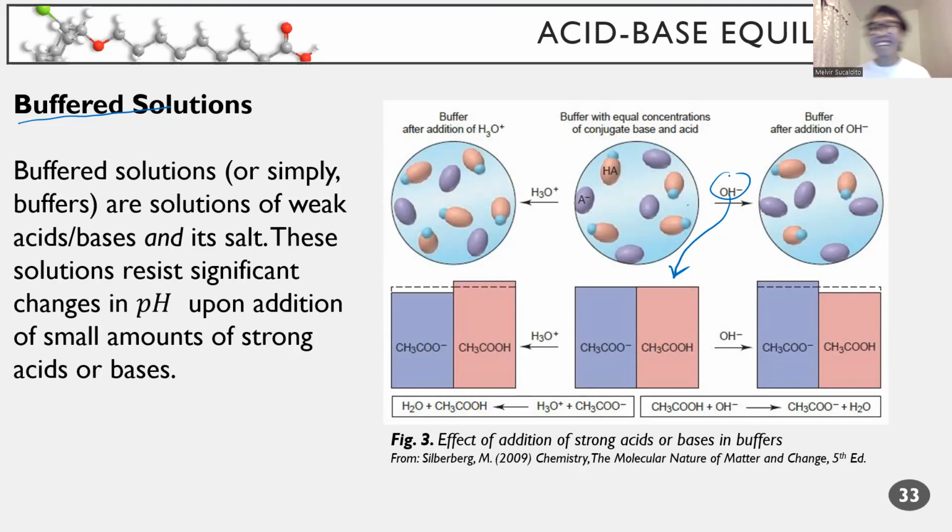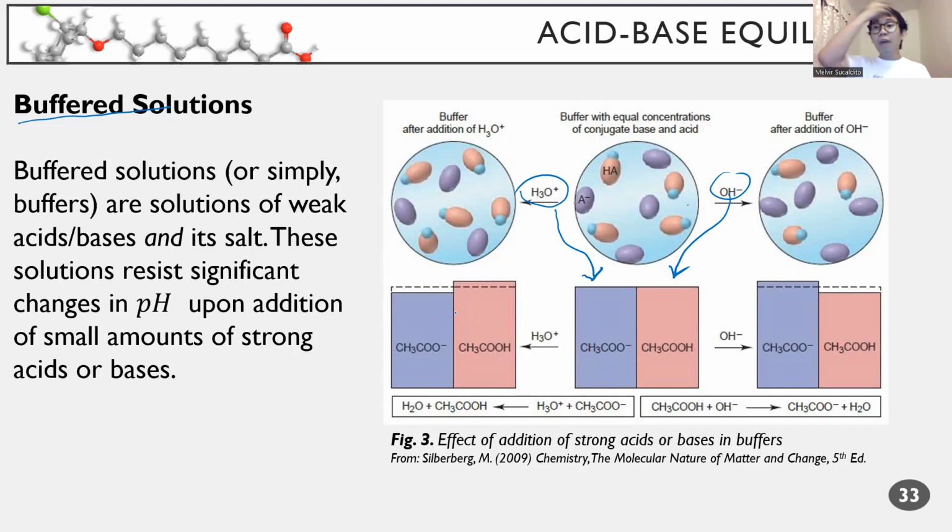Now, aside from the base, if you add a strong acid in the form of H3O+, this will react with the conjugate base, forming acetic acid.